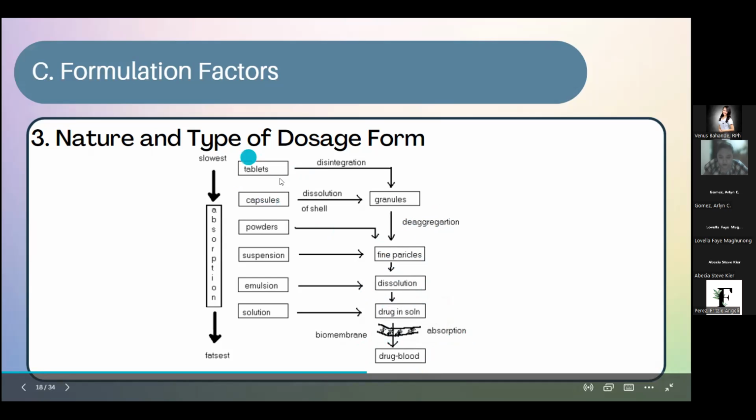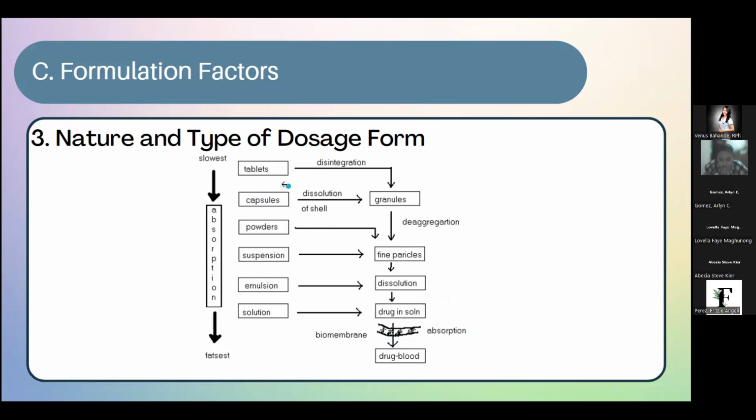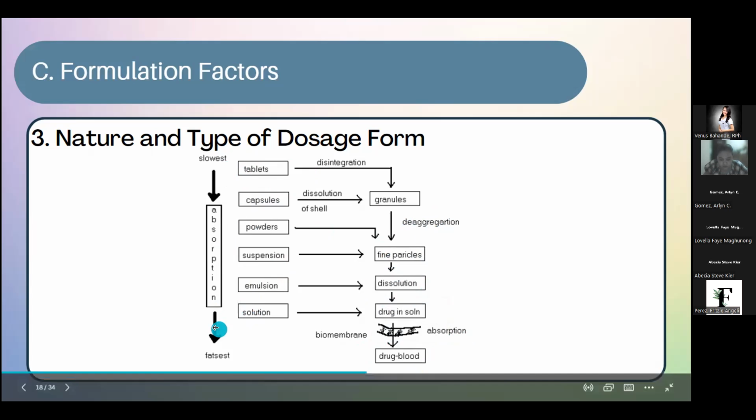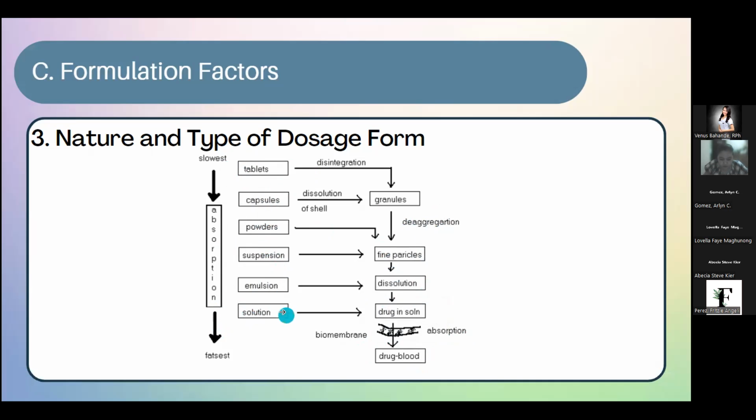So tablets have lower absorption compared to solution. We have here the levels of slowest up to the fastest absorption: tablets, capsules, powders, suspension, emulsion, and solution.